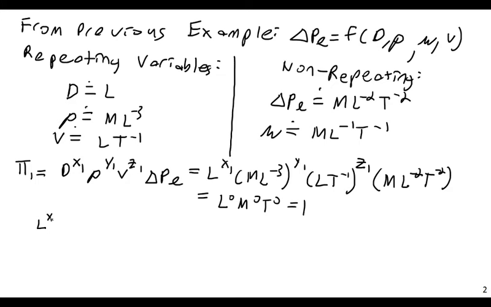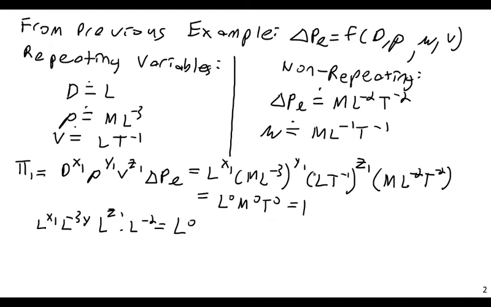So L to the x1 times L to the -3y1 times L to the z1 times L to the -2 must equal L to the 0.